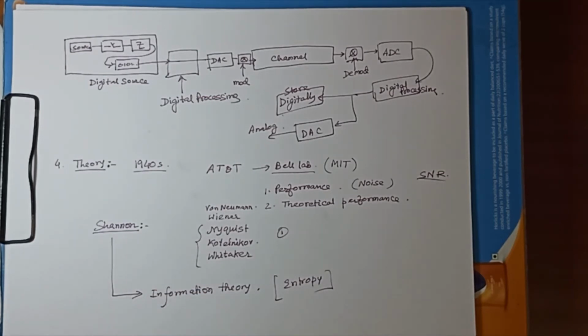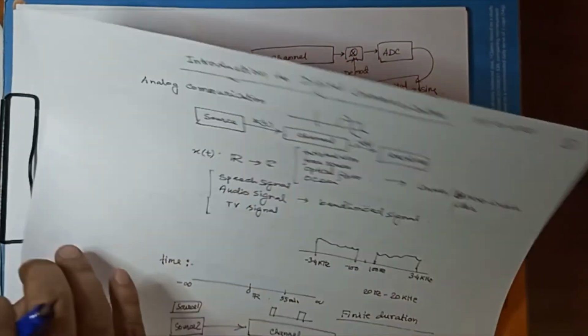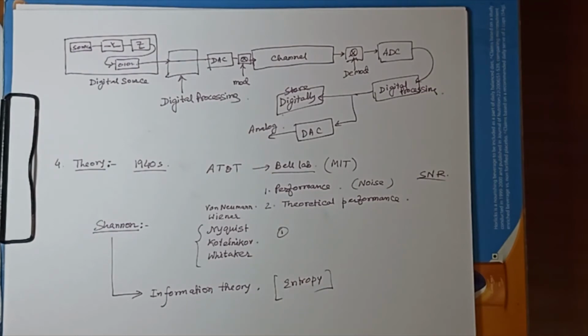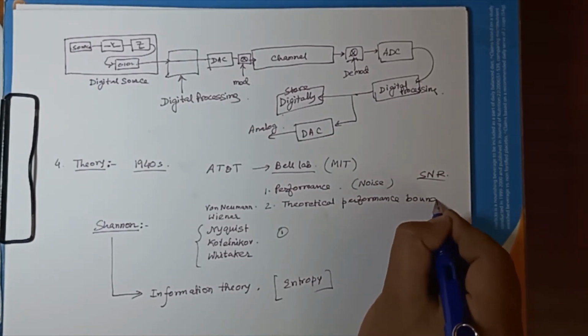We'll go into detail of information theory, and it basically put the entirety of signal analysis and modulation and communication in a probabilistic framework, and from that framework they tried to develop the performance criteria, etc., and the theoretical performance bounds.